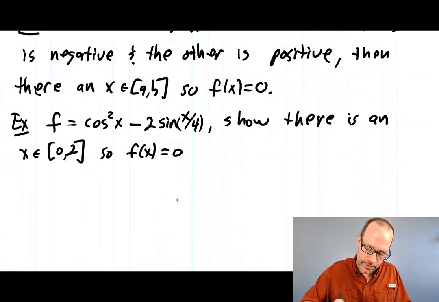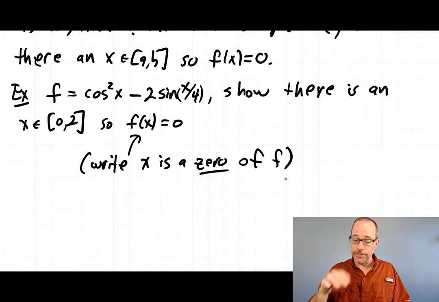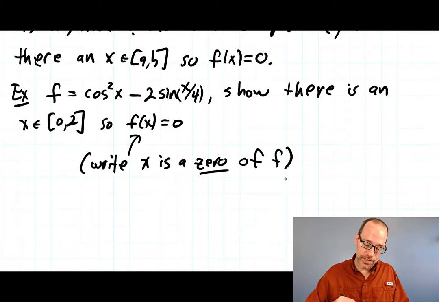By the way, when this happens, people write or say x is a 0 of the function. Okay. Anyway, show that there's a 0 of this function somewhere between 0 and 2.